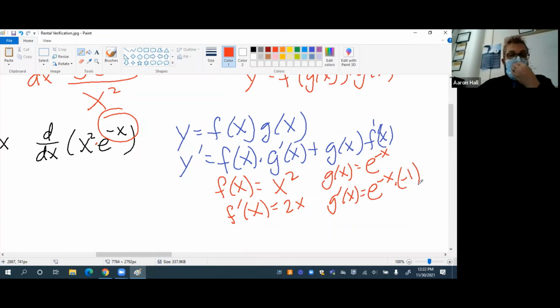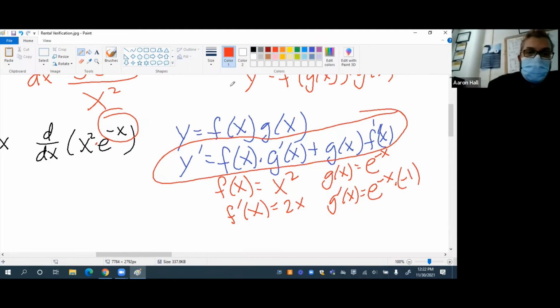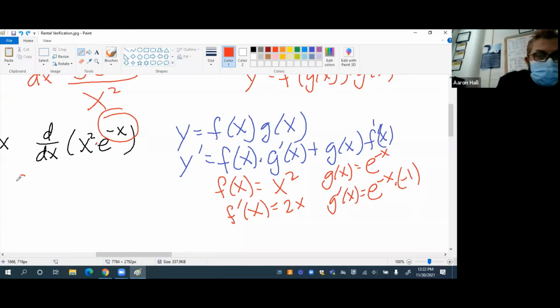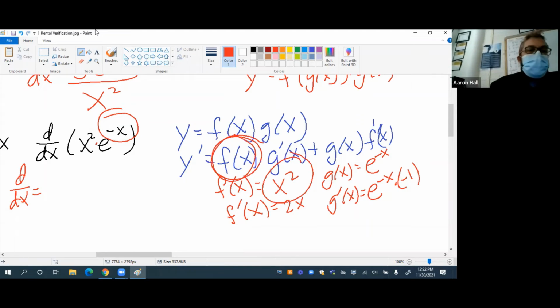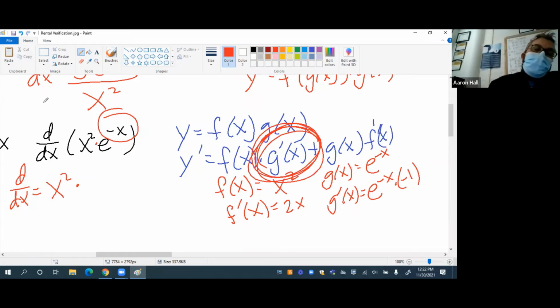Okay. So let's follow our pattern here, to make sure that we don't miss anything. So we have d/dx equals, we take our f of x, which is x squared, times the derivative of g of x, which is right here.